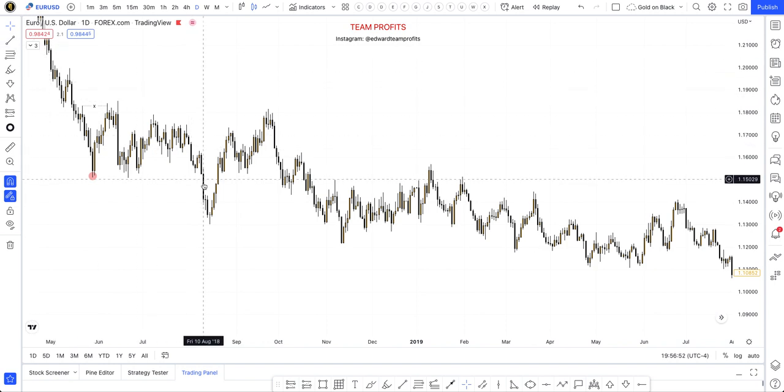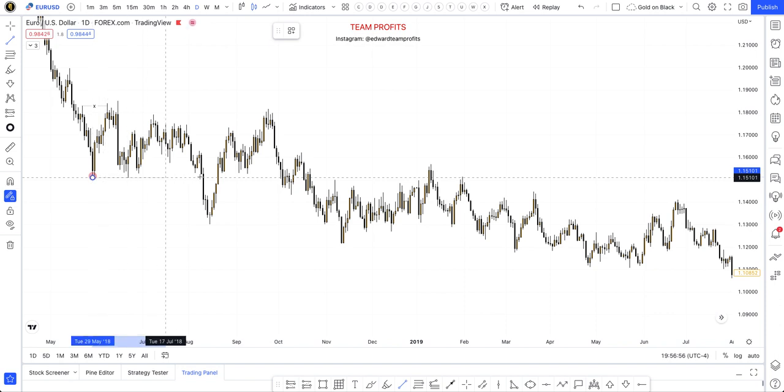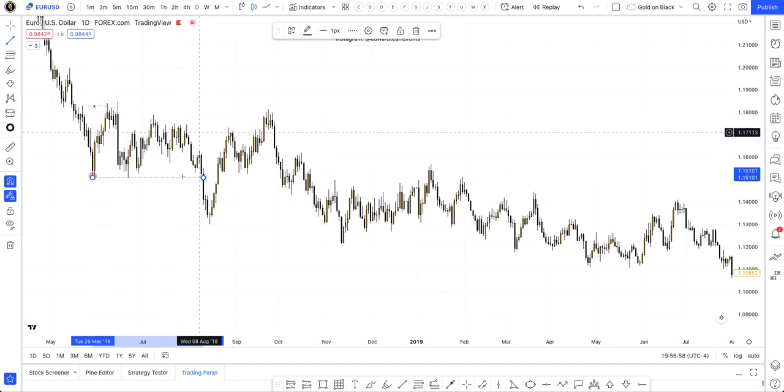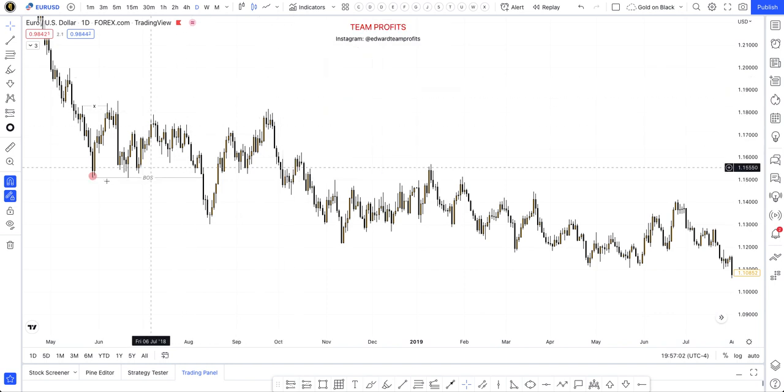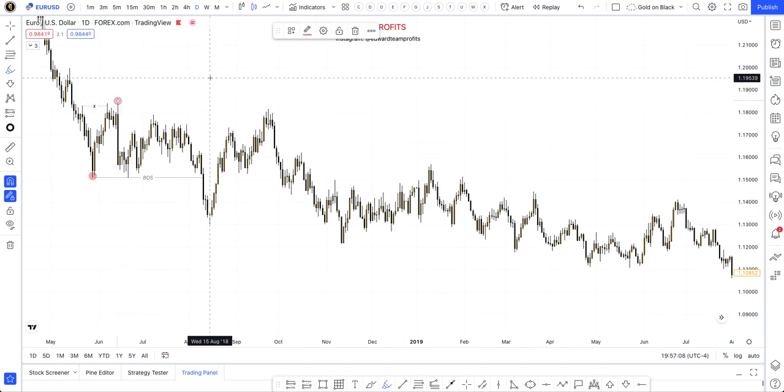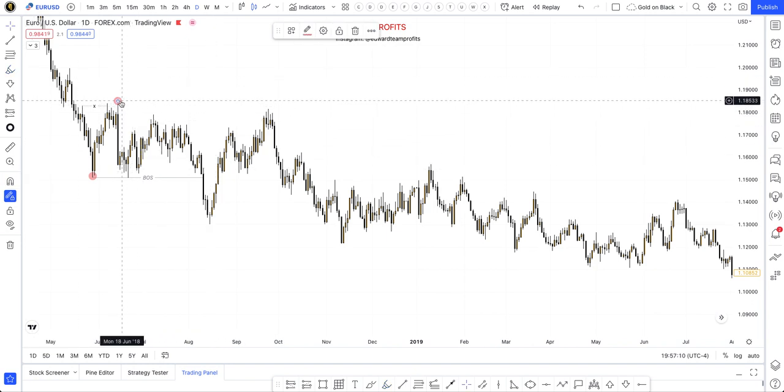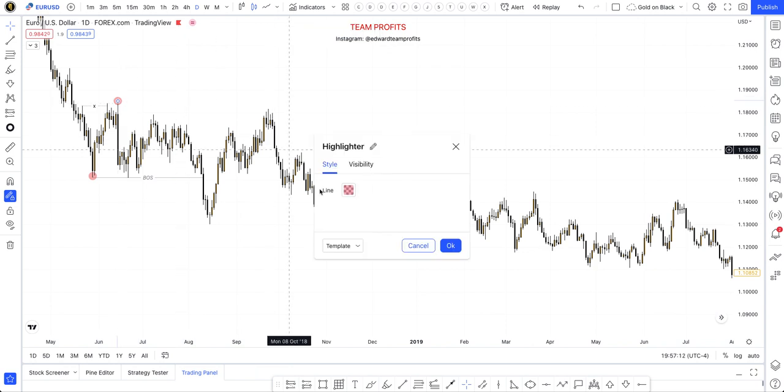And then after that, what do you see? The price breaks, right? We have a BOS right here. After the break of structure happens, this confirms that this is our actual lower high.